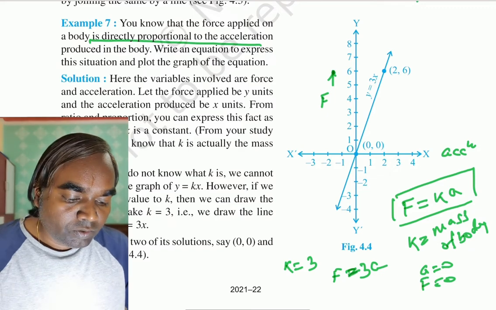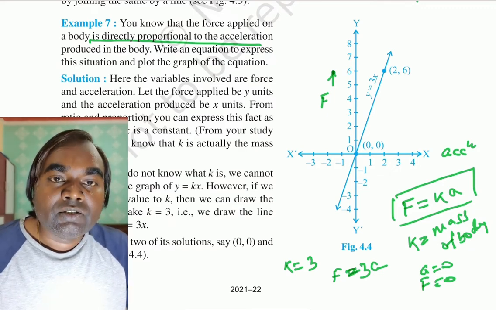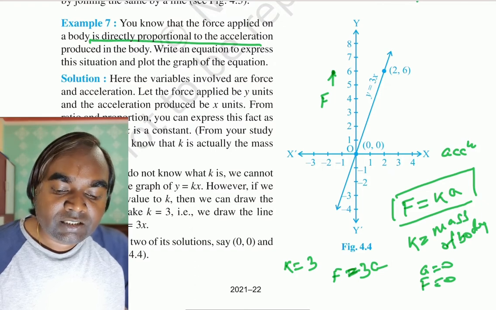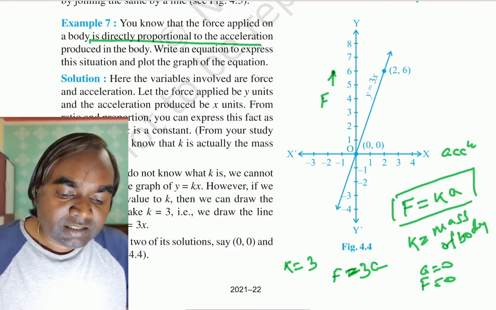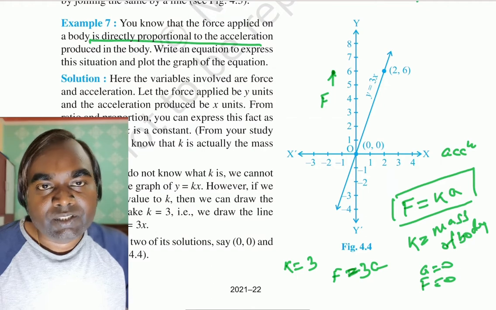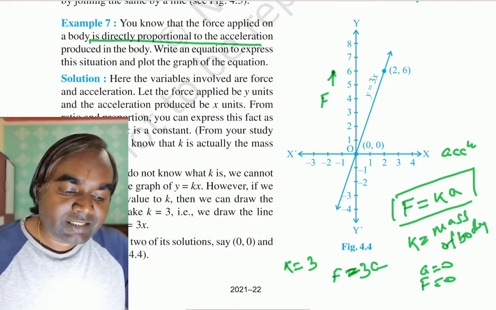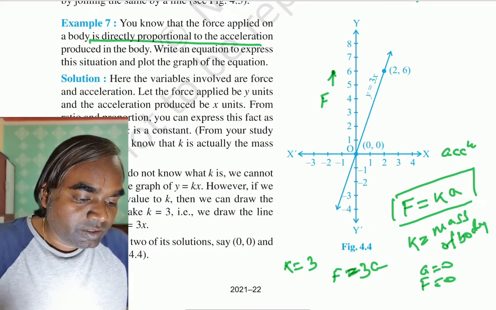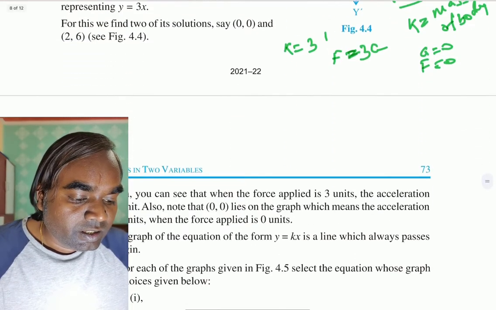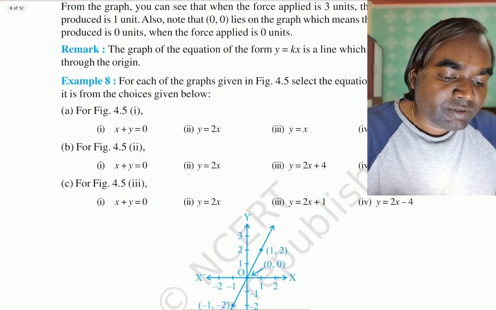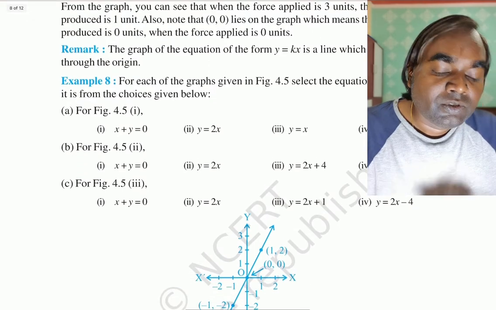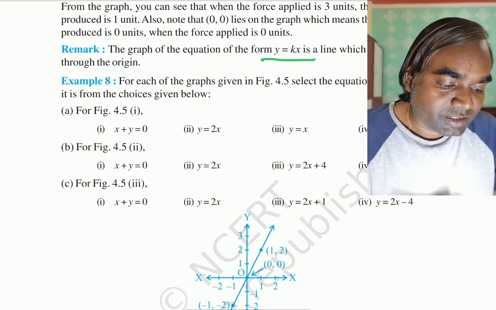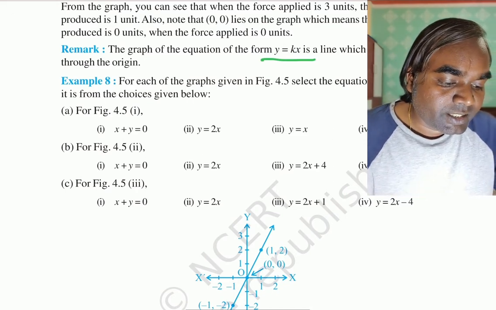So we find two solutions, 0, 0 and 1, 3. Joining these 2 points we get a straight line passing through the origin. So the graph of the equation F is equal to k into a is a straight line which always passes through the origin.